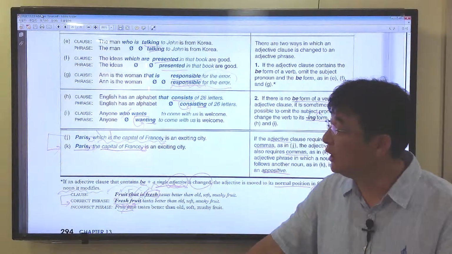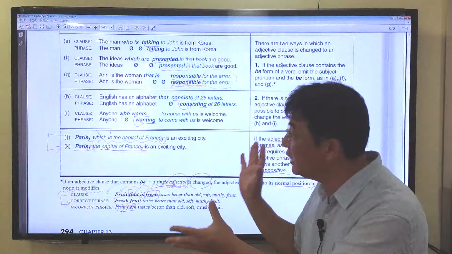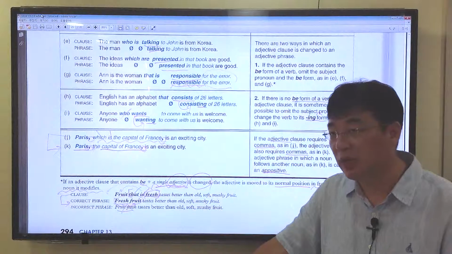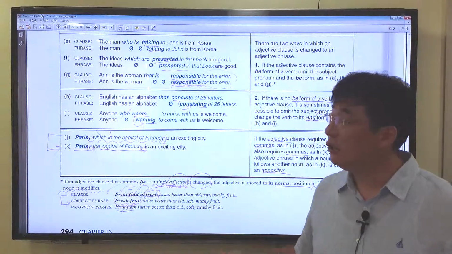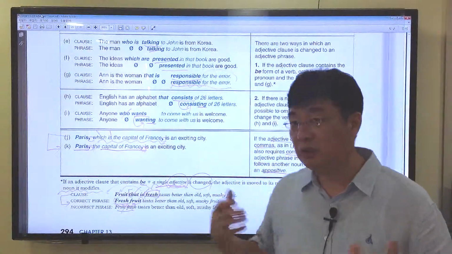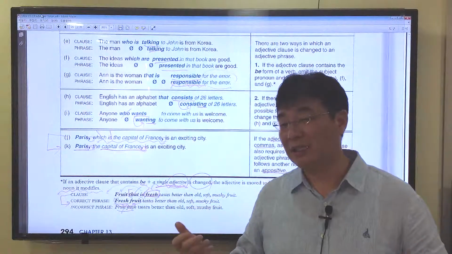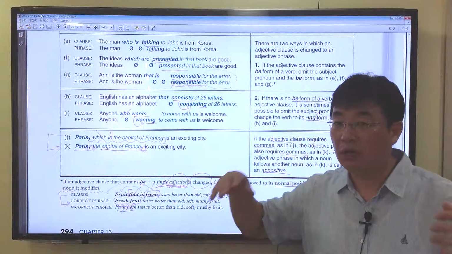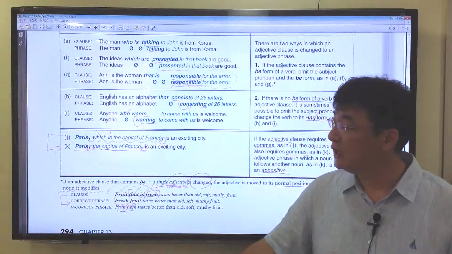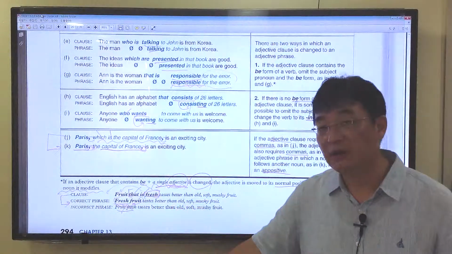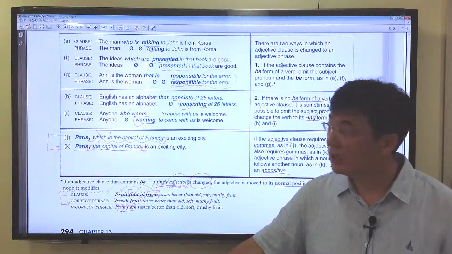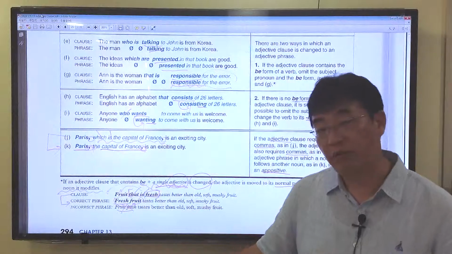So you should have this understanding of the grammar, not only to understand somebody else's English writing, but at the same time, you're going to have this option when you express yourself and you want to add certain meaning to a noun or a whole sentence. Then you have to understand that the adjective clause modifying that noun or whole clause can be shortened by converting it to a phrase.